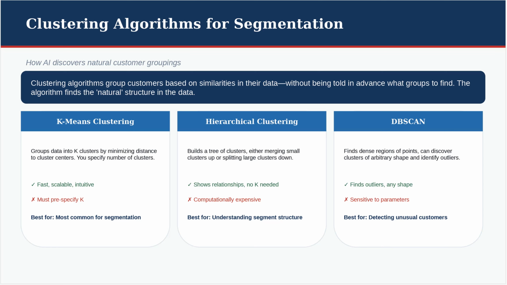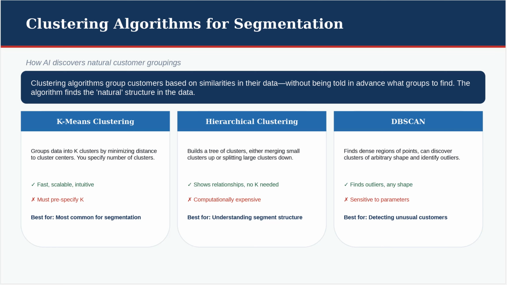Cluster 1 is high spenders. Cluster 2 is deal seekers. Cluster 3 are seasonal buyers. Cluster 4 are new customers. Cluster 5 are churning. To choose the number of clusters, there's an elbow method which we employ. So that's what K-means clustering is.